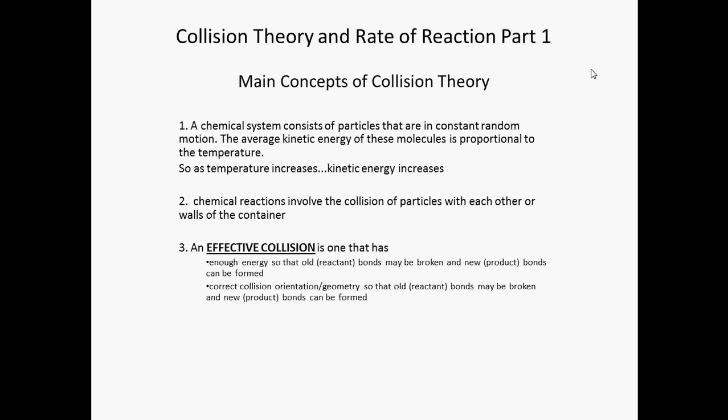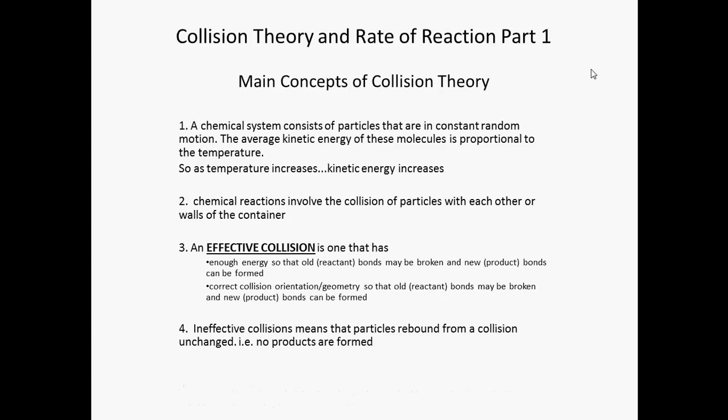One is that they have enough energy, and the second is that they have a correct collision geometry or correct collision orientation. These two factors need to occur so that the old bonds, or the bonds between the reactants, can slowly be broken, and then the new bonds, or the bonds between products, can start to be formed.